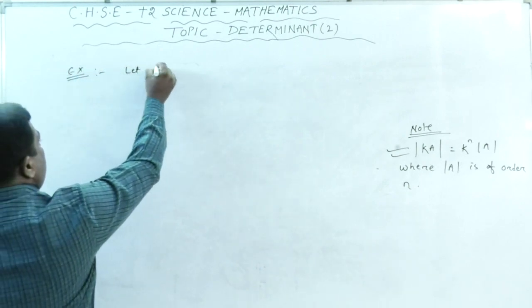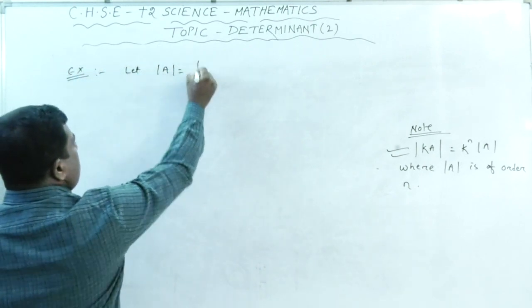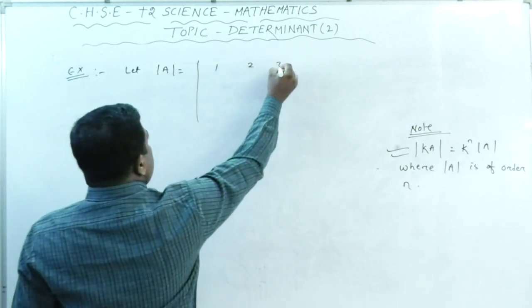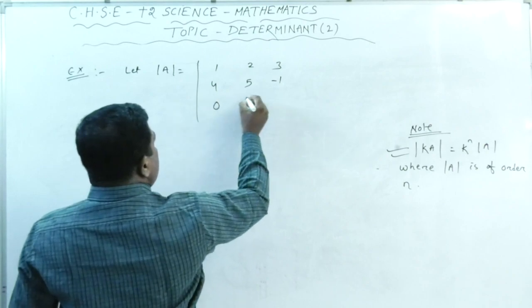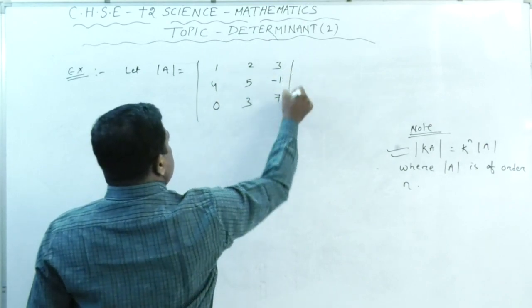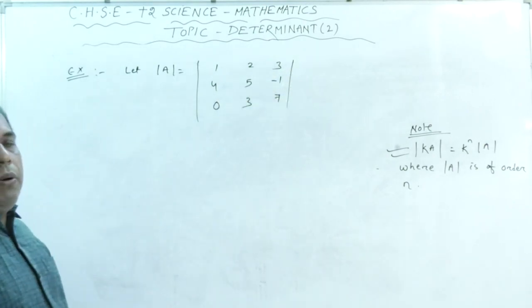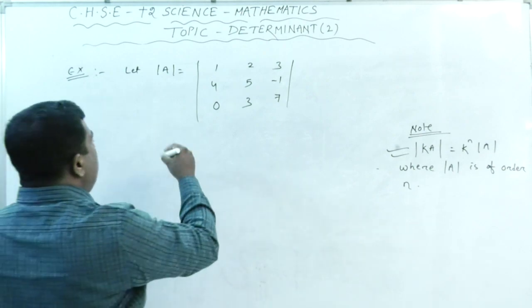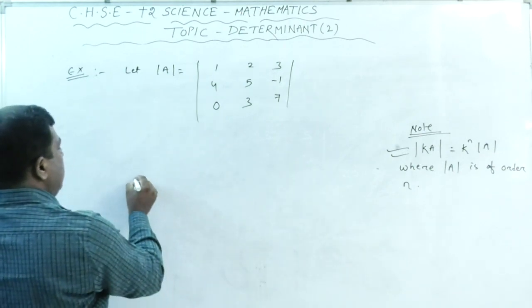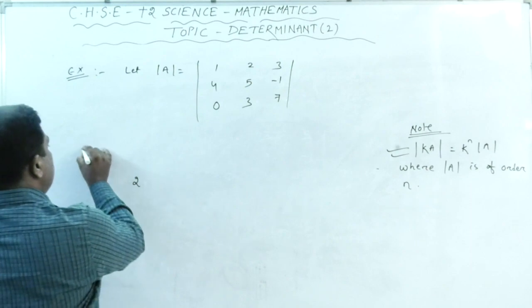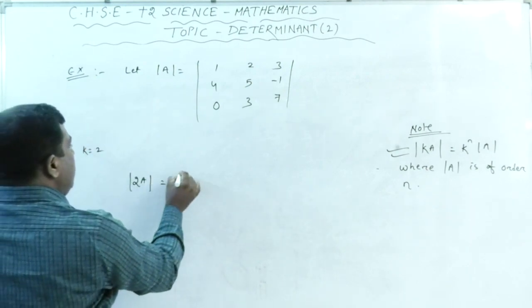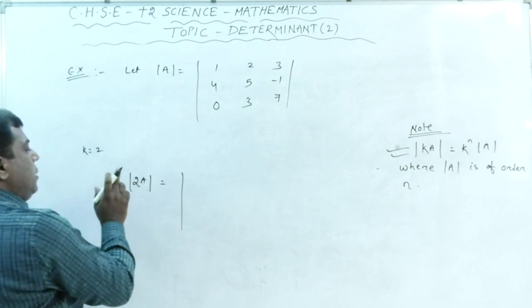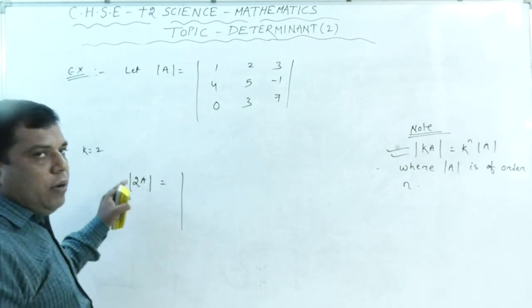Let the determinant of A be: 1, 2, 3, 4, 5, minus 1, 0, 3, 7. We will evaluate it, and then multiply by a constant quantity. Suppose k is 2, and we will find the determinant of 2A. It means each and every element of A is multiplied with 2.